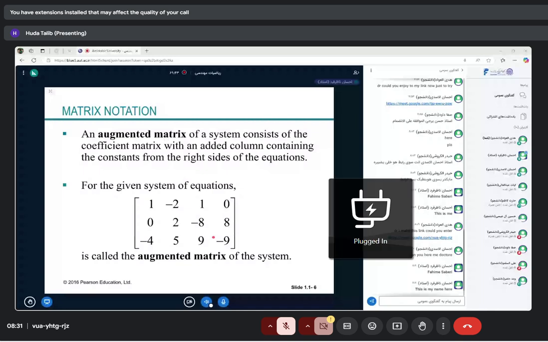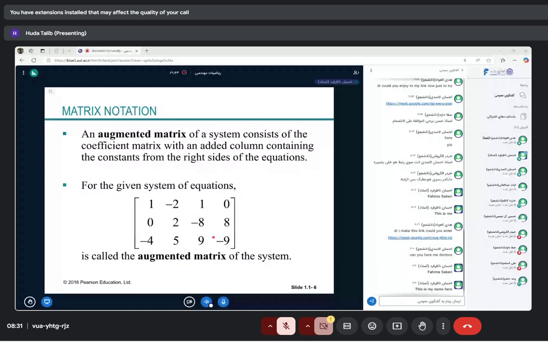Pay attention that it has 3 rows and 4 columns. One strategy to solve this system is called the elimination strategy.